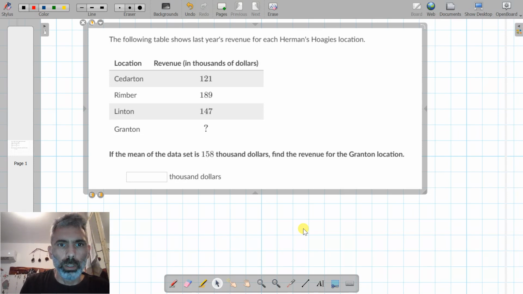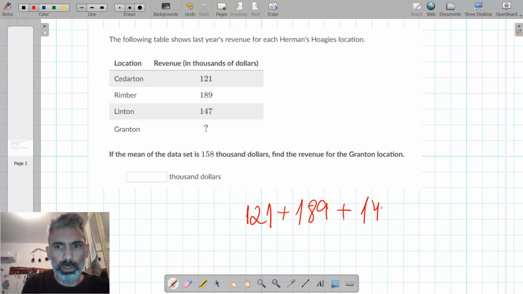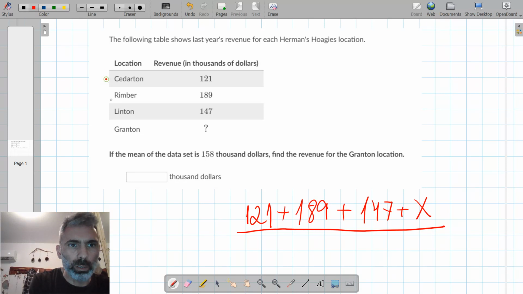So, okay, 121 plus 189 plus 147 plus an unknown number, let's call it x, divided by the number of locations, which is 1, 2, 3, 4 locations, we have a mean of 158.